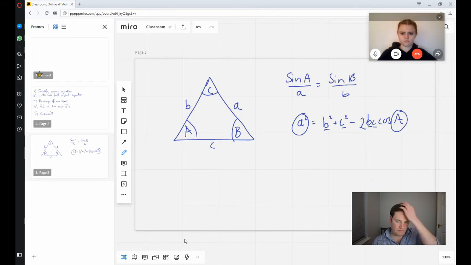And these both get written in two ways just to make our life easier. So this one at the top we can also write, we can flip it around, we can flip both sides. Yeah. Any idea why that would be useful? Why we bother flipping it that way around?